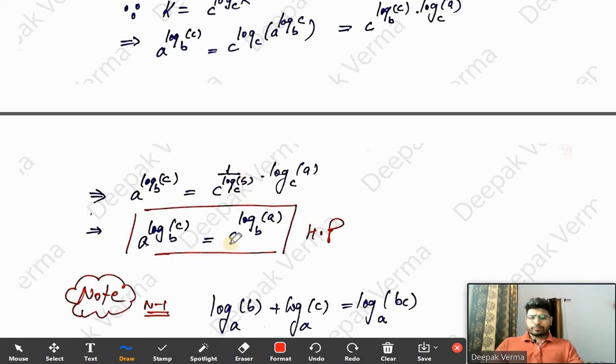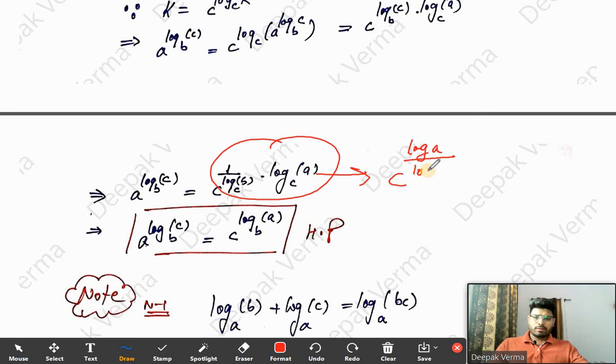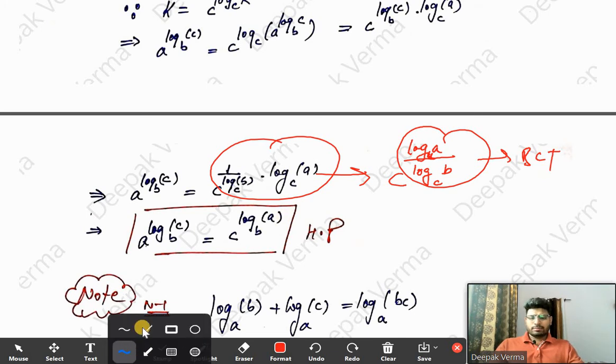So now this is something like c to the power log a over log b with base c. Got it? With base c. So by base changing theorem, using BCT, we can write it like log a base b.